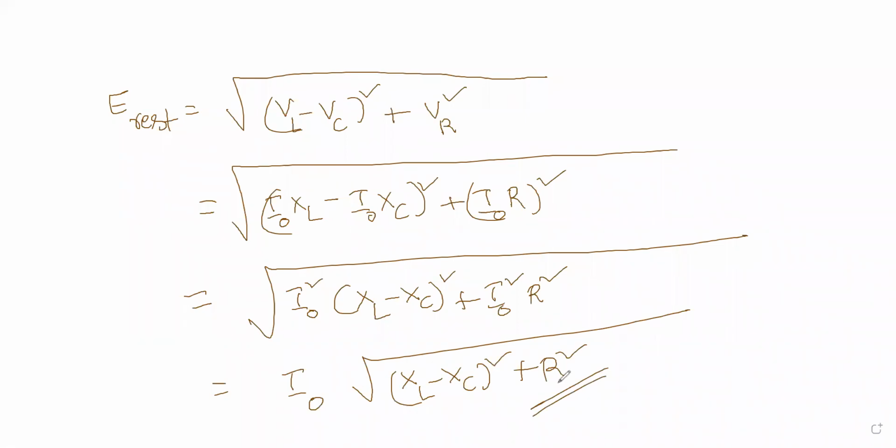Right? Up to here, you get it? Now, the E resultant we can take as E naught divided by I naught.